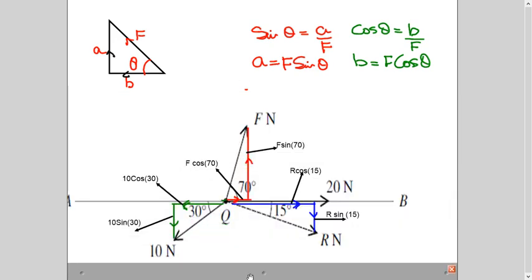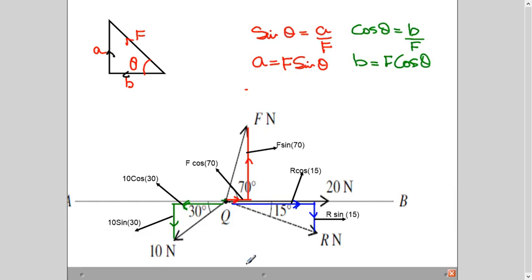Now this is the figure given to you. I have resolved all the forces horizontally and vertically. Let's pick up 20 Newton first. 20 Newton is along AB horizontally. There is no vertical component of it, so I'm not touching it. It has only a horizontal component.